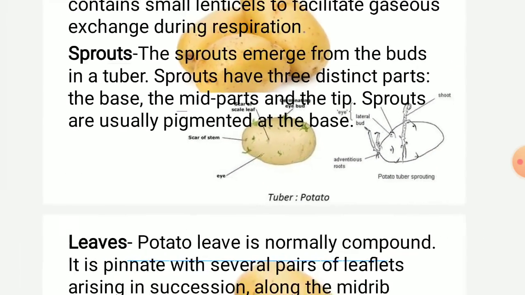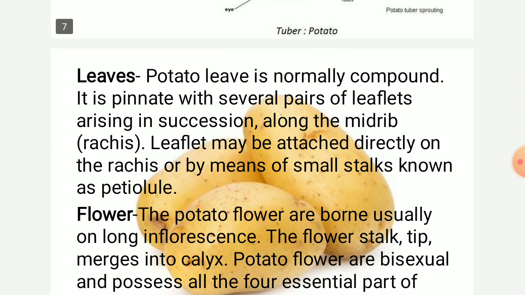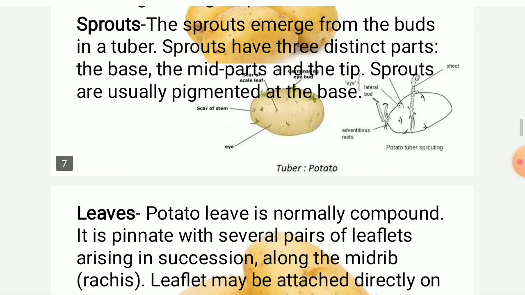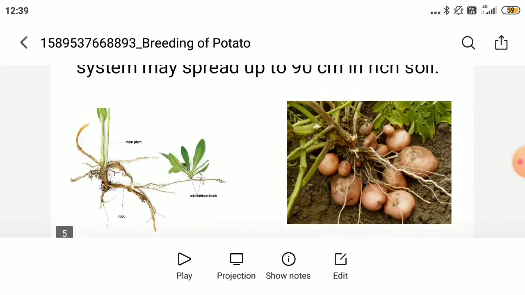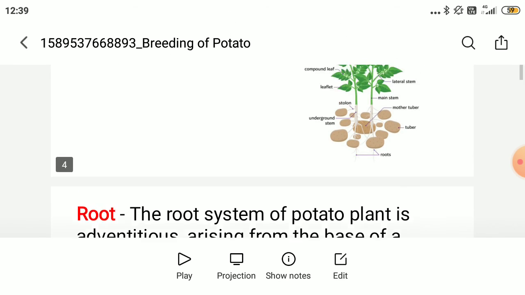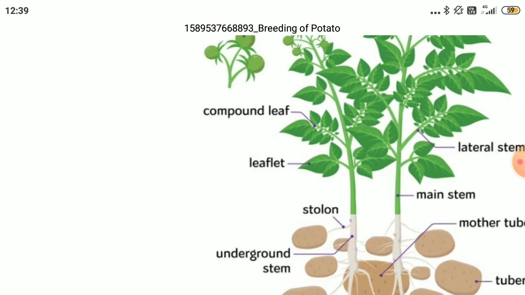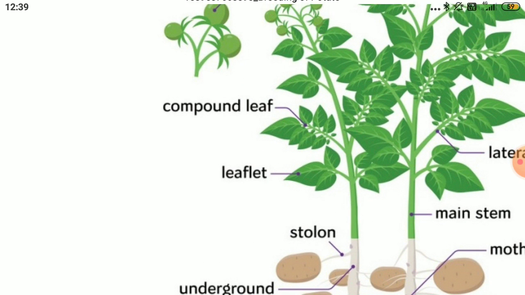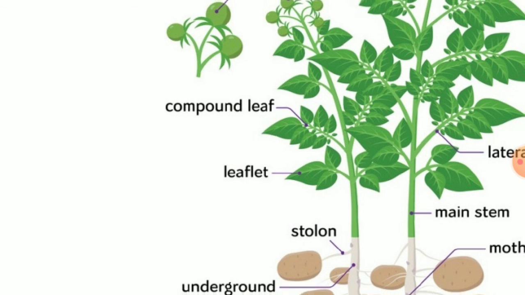The next point, leaf. Potato leaves are normally compound leaf. It is pinnate with several pair of leaflet. So you can see compound leaf in these pictures. It is called compound leaf.